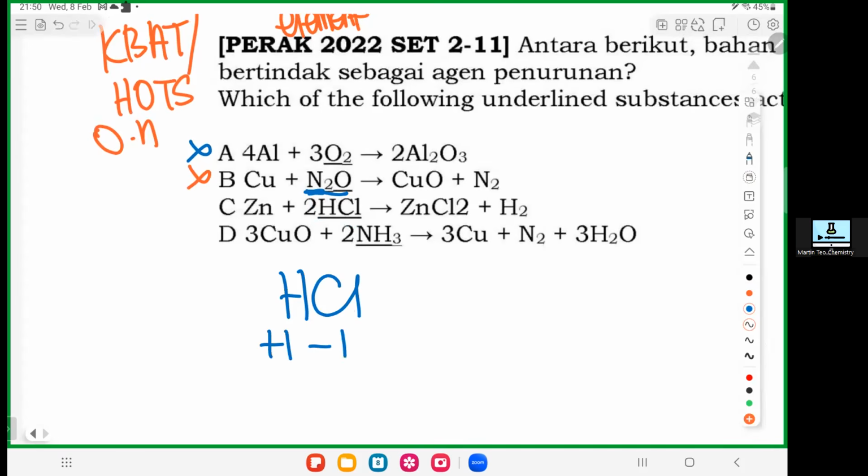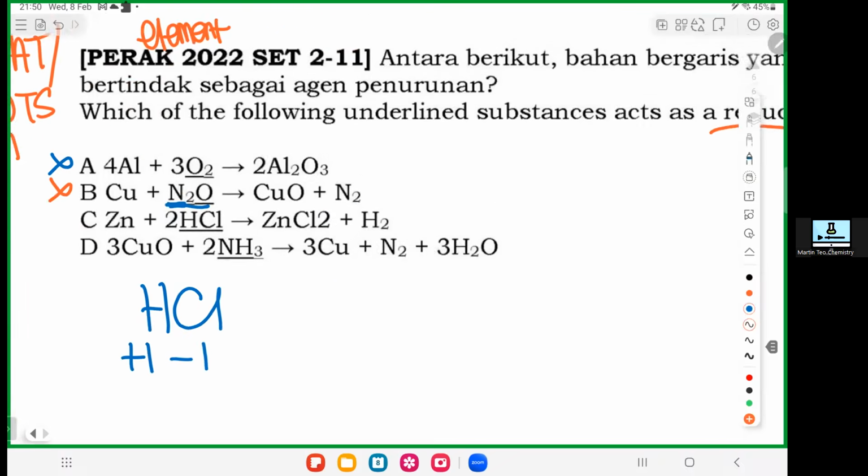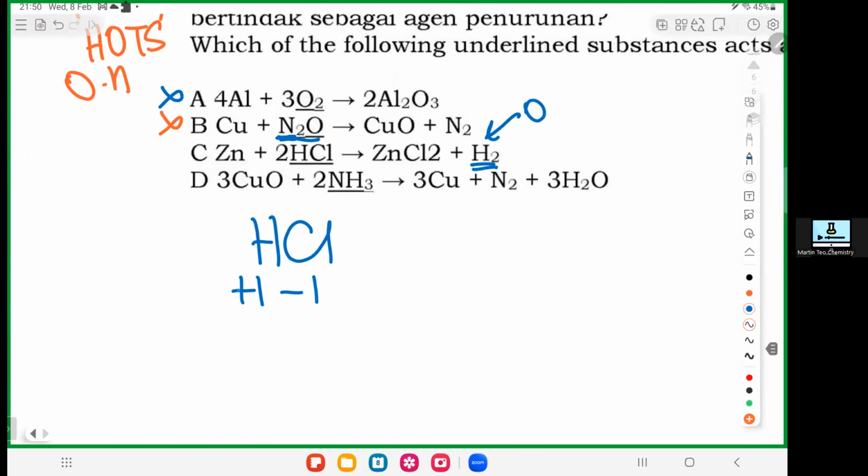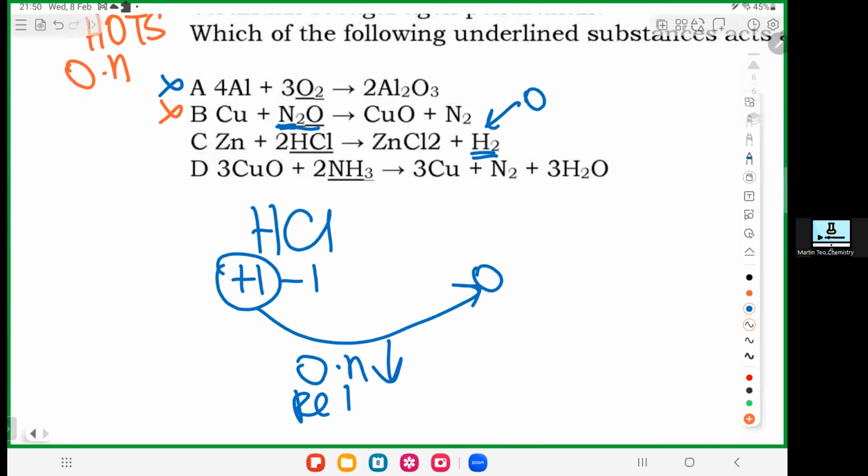So compare apple to apple. Hydrogen compare with hydrogen. The hydrogen on the right-hand side is an element, so 0. On the left hydrogen is +1, on the right it is 0. +1 to 0, the oxidation number goes down, a reduction process, oxidizing agent. So that's wrong, I want the reducing agent.